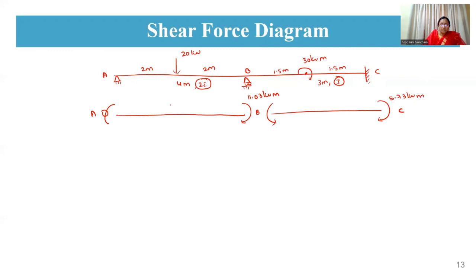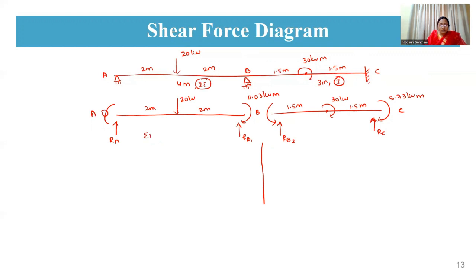So this is C. So now you're going to place your external loading, and then you're going to find out the reactions to draw the shear force diagram. So here the reactions are RA. For this, it is RB1. And again, this is RB2. And here it is RC. So coming to this portion.